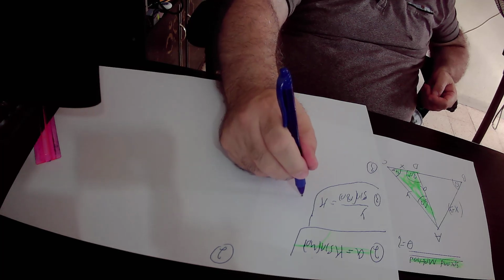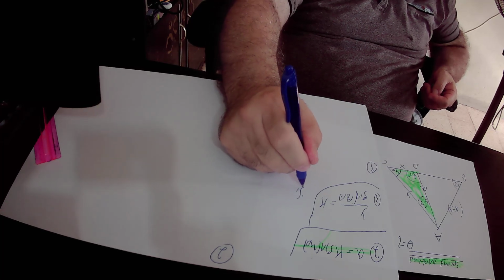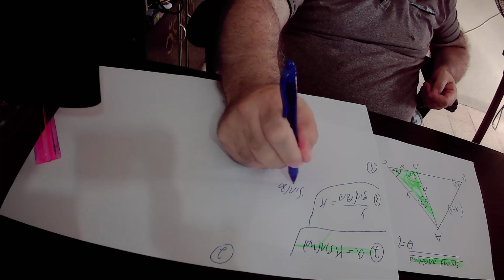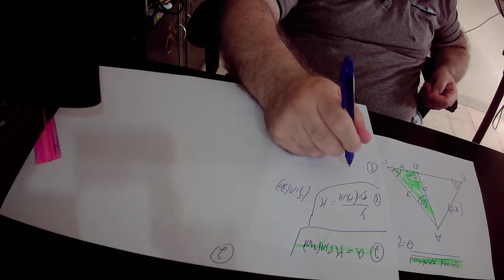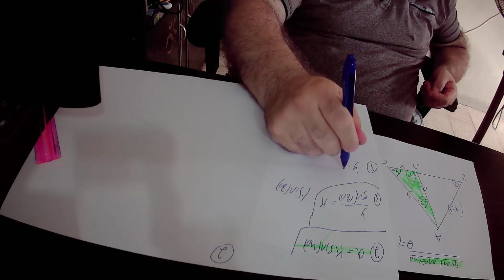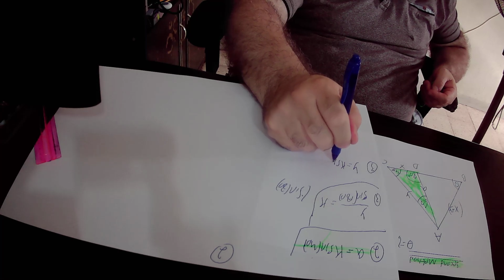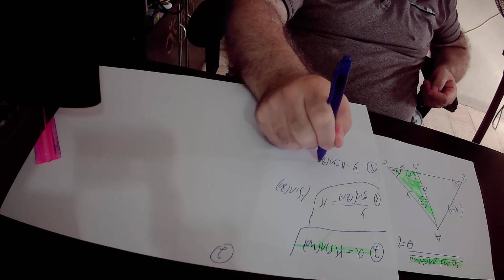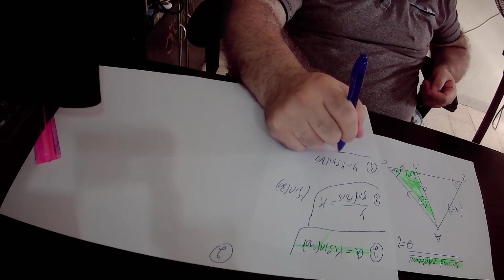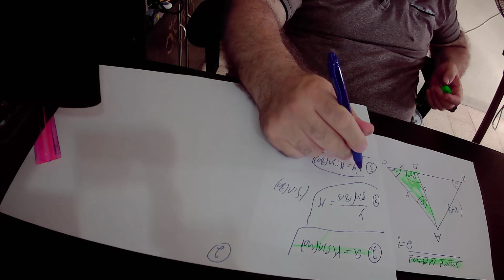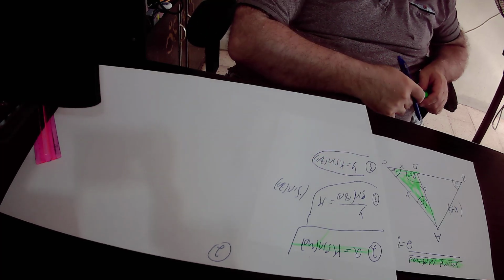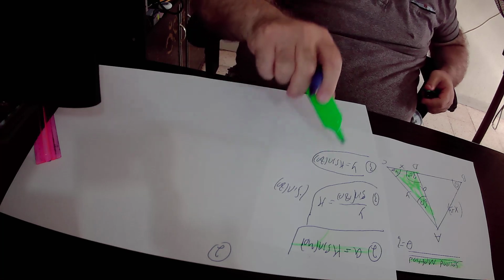We multiply this equation by sine 80 degrees and we get that y equals k times sine 80 degrees.